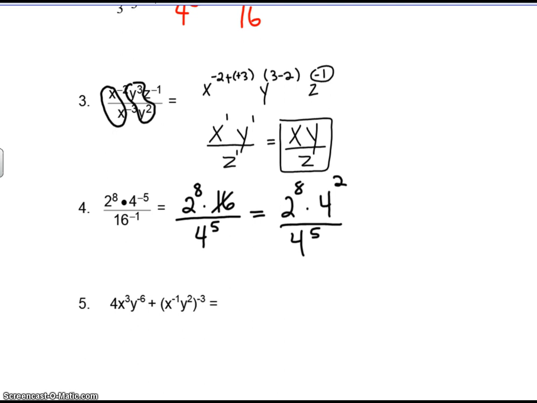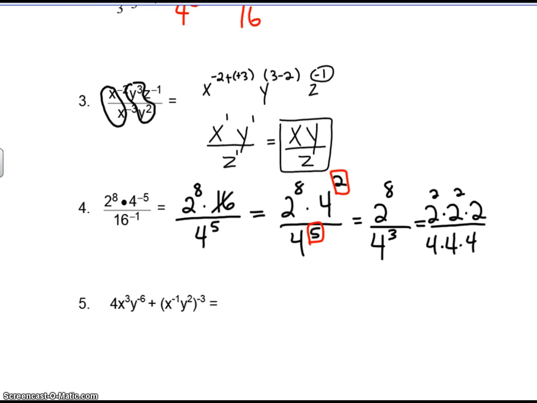All right, now since I have the same base of 4, I can subtract those 2 exponents. Okay, and I'm going to end up with 2 to the 8th power over 4 to the 3rd power. All right, now I'm going to go ahead and expand 4 to the 3rd power, and I can rewrite 2 squared times 2 squared times 2 squared times 2 squared.